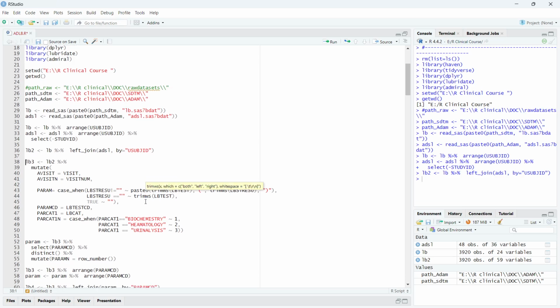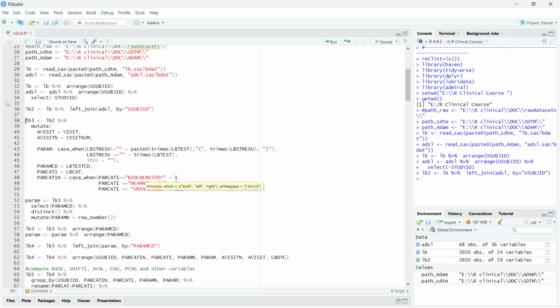Then we start with LB3. Here we have a pipe symbol for continuation, and we use the mutate function if we need to create new variables.